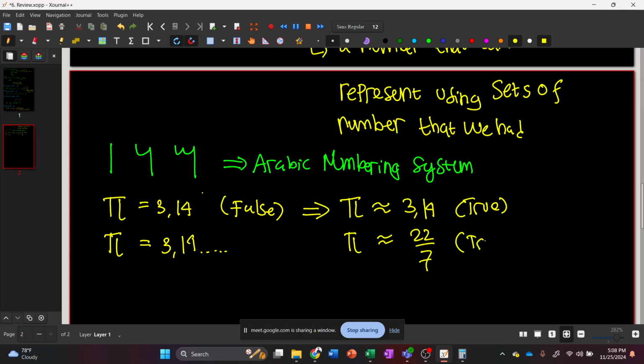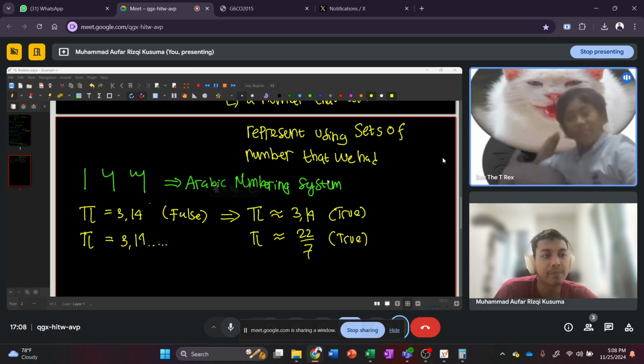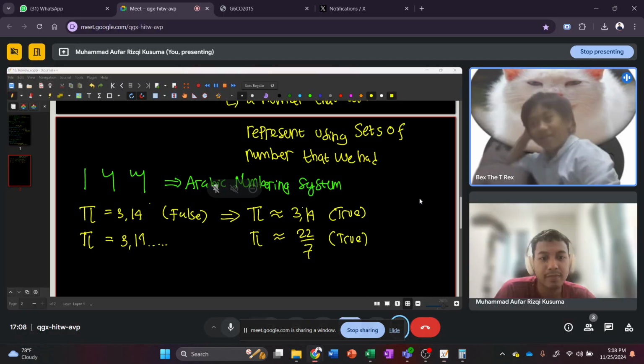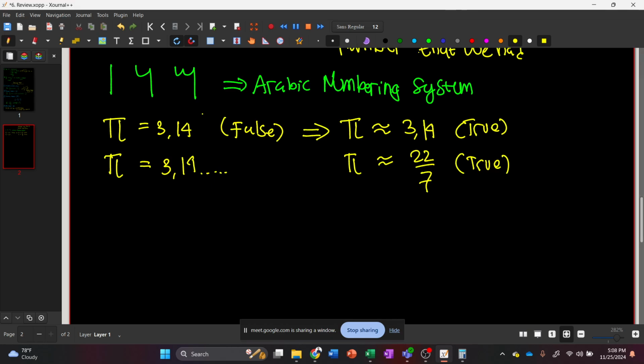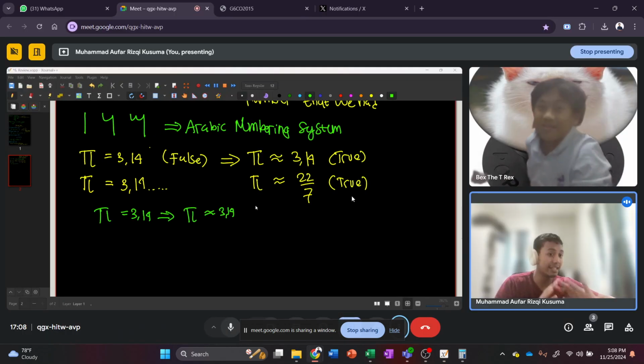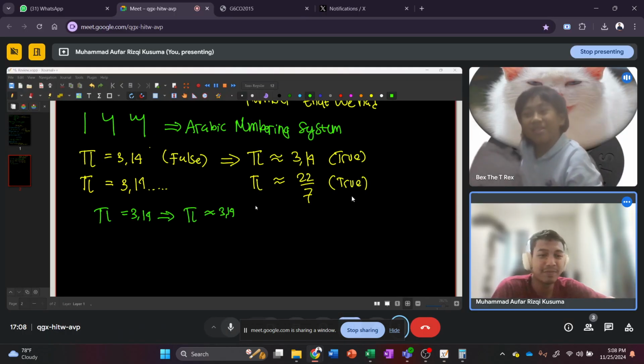So we've never been adding with pi exactly. That's the bitter truth. So if your teacher says that pi is equal to 3.14, what they actually mean is pi is close to 3.14. The exact value we don't really know.